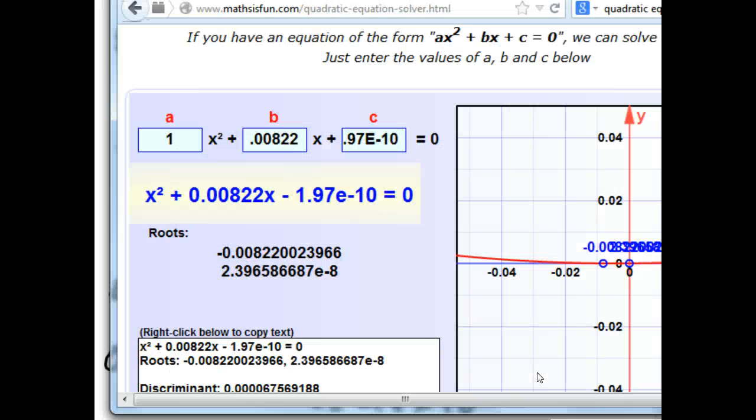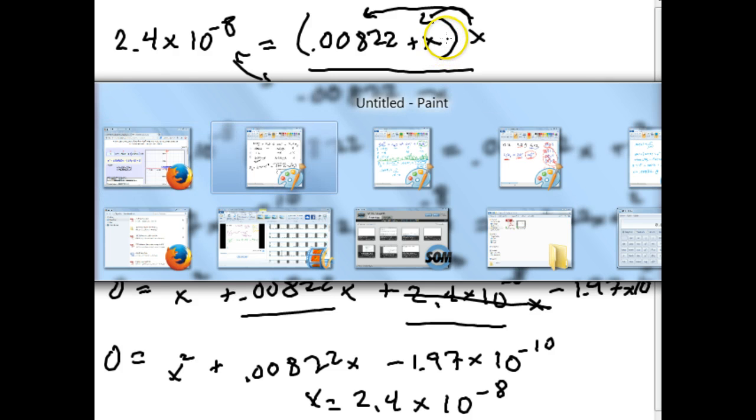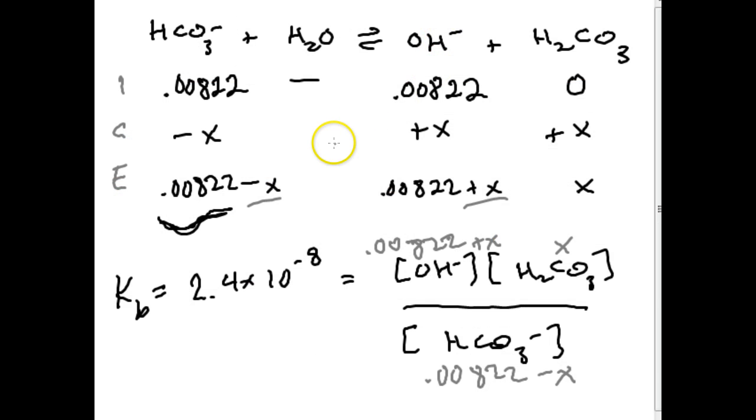So, let's go into the other page. Okay. Do this in red. X was 2.4 times 10 to the minus 8. And look, I see this is 8 times 10 to the minus 3. So the 2 is in the minus 4 position. The other 2 is in the 10 to the minus 5 position, so it's not even going to get touched.